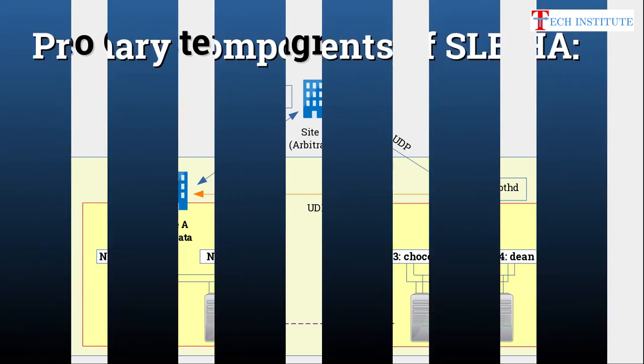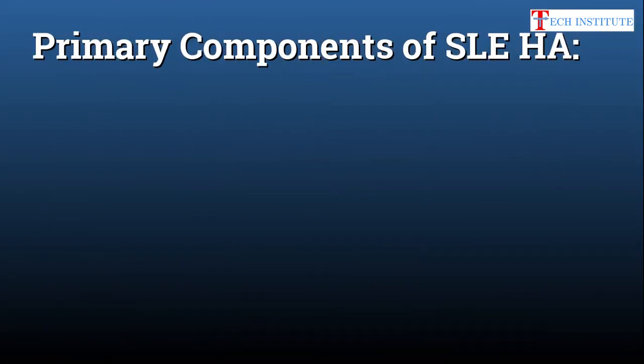Now moving ahead, we will see the primary components of the SUSE HA cluster suite. So as you can see, the types of clusters. Now we will see what the components are. One component is the base component. In the base component you have pacemaker, corosync, crm shell and hawk. Already you know what corosync is, that is the communication mechanism. Pacemaker is the resource manager.